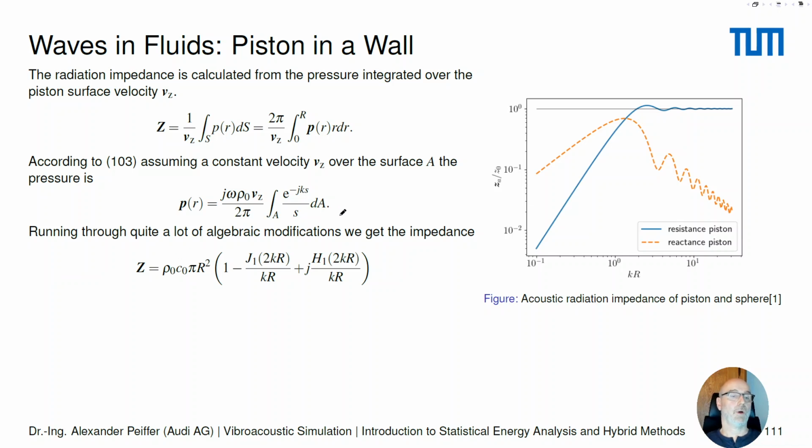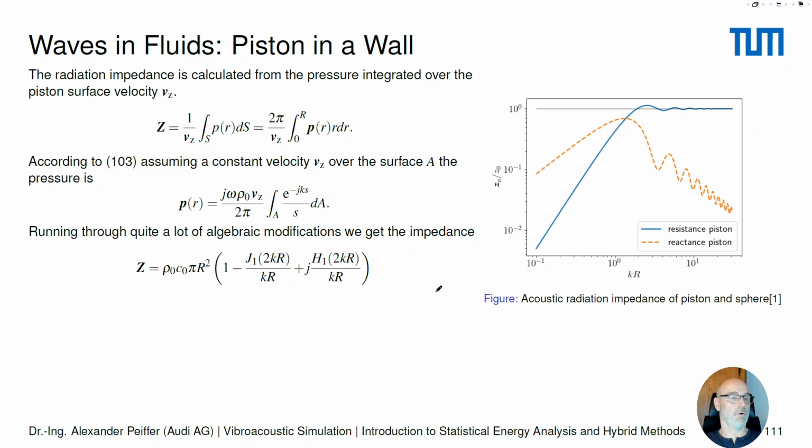I would not go through all the algebraic modifications, because calculating this at the surface of the piston is not an easy thing. We have to go through a lot of algebraic modification, which I would not like to show you here in detail. Again, I have to give the reference to my book where this is derived in detail.